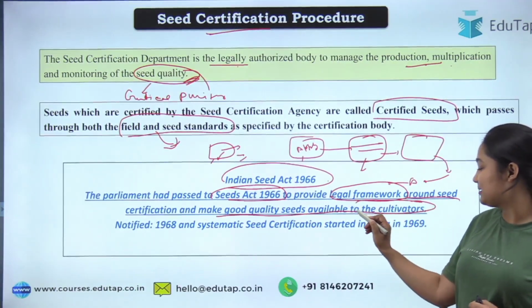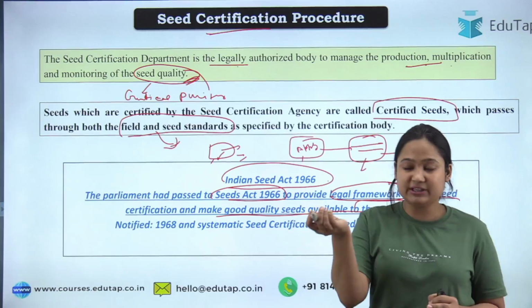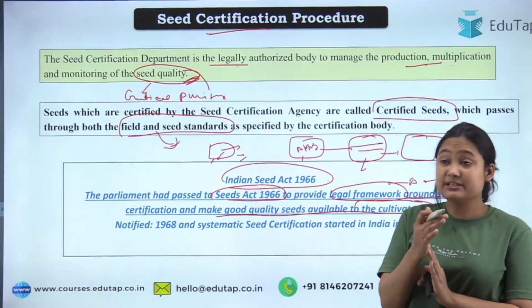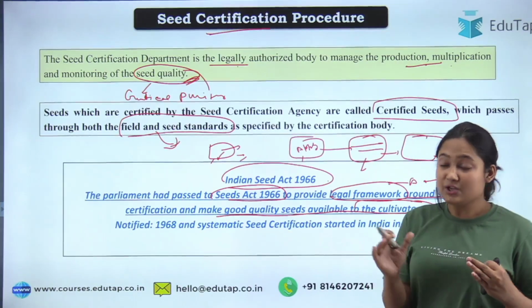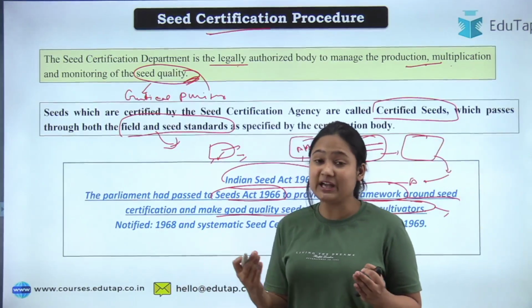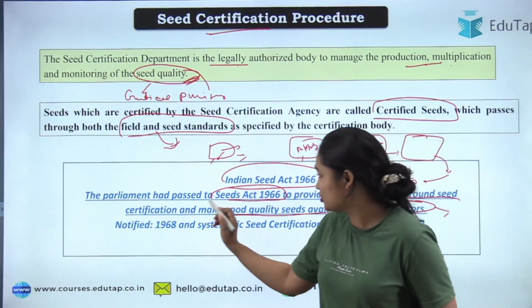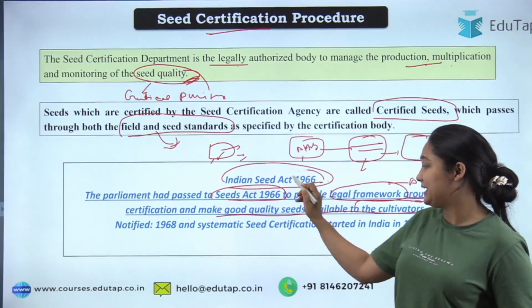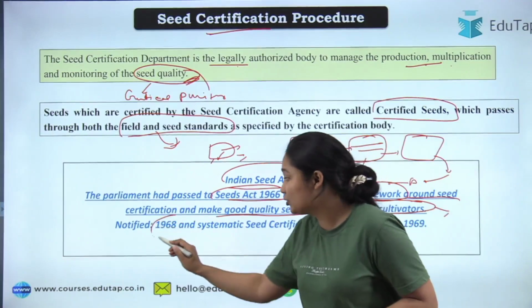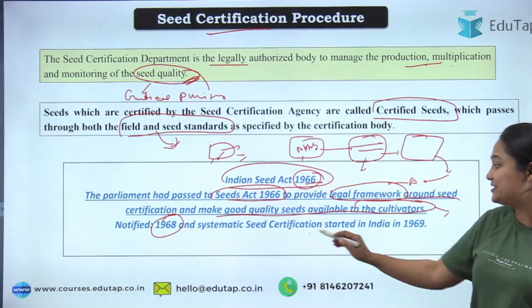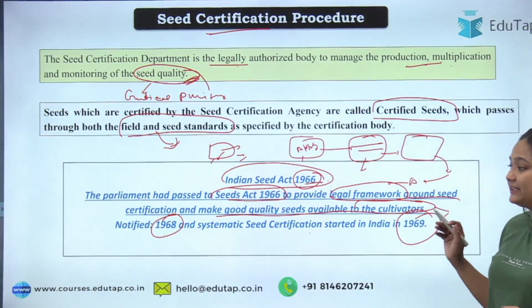It's not like somebody can fool them, saying these are good quality seeds, use them, because growing a crop takes many months. At the end, if the results are not good, that will be disheartening for the farmers and bad for the economy too. This Seed Act 1966 was notified in 1968, and certification started in 1969.